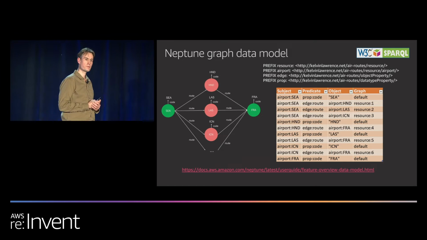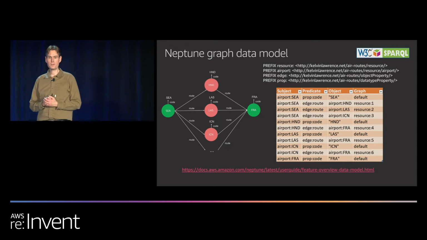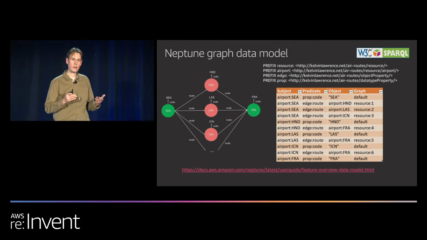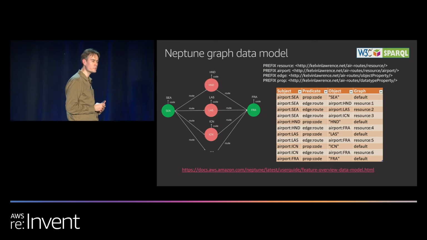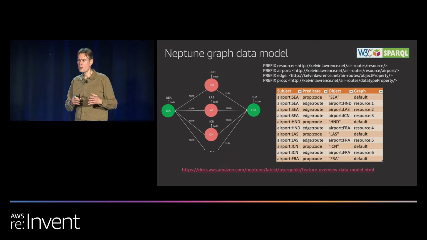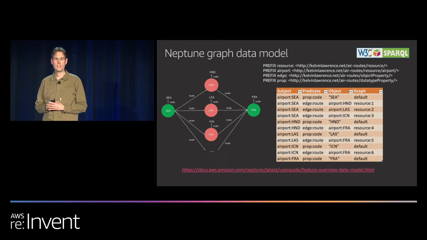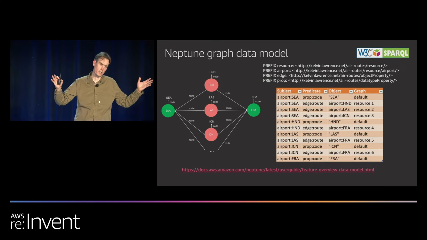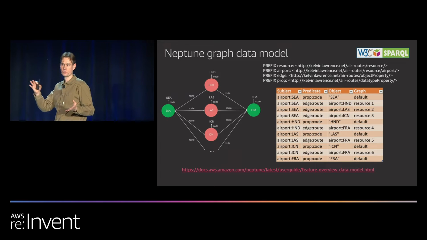In RDF, there's really not, per se, the concept of edge properties that there are in property graph. Rather, RDF views edge properties as additional edges. And there's several different techniques that you can use to model edge properties. So for example, in this routes model, you might want to associate the distance in kilometers with the route between airports.